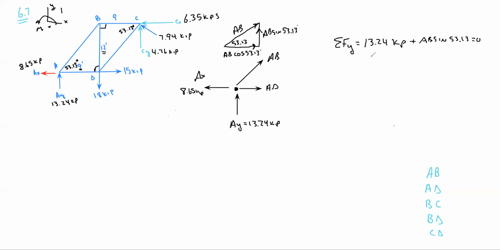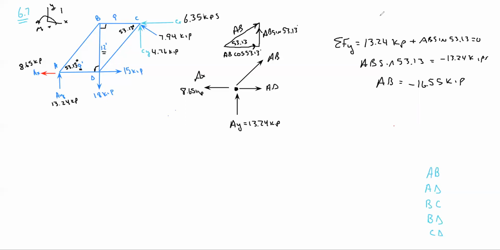Subtract 13.24 from both sides, we end up with AB sine 53.13 equal to negative 13.24 kips. Divide both sides by the sine of 53.13, and we get that AB is equal to negative 16.55 kips. So the negative sign indicates that I have AB drawn in the wrong direction.